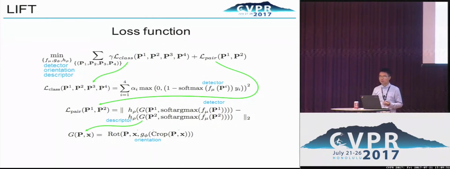Then, by fixing the descriptor network, they train the orientation estimator, and so for the detector network, they use the already learned descriptor network and the orientation estimator. Finally, after all the components have been trained, it is optional to fine-tune the whole pipeline.